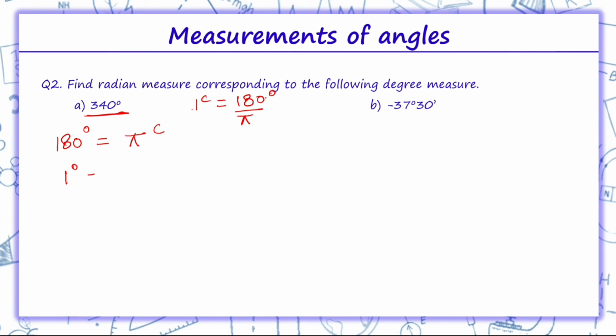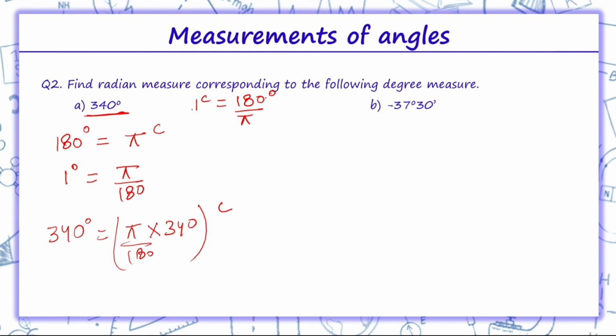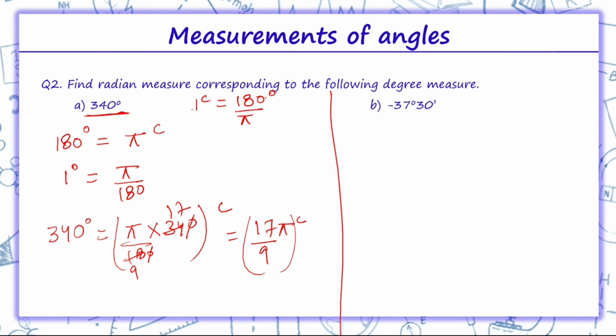So 1 degree will be written as pi by 180. So 340 degree will be written as pi by 180 into 340 radian. The 0 and 0 will be cancelled out. 2 into 9, 2 into 17, thus it will be 17 pi by 9 radian. So this is about when only degree is given.